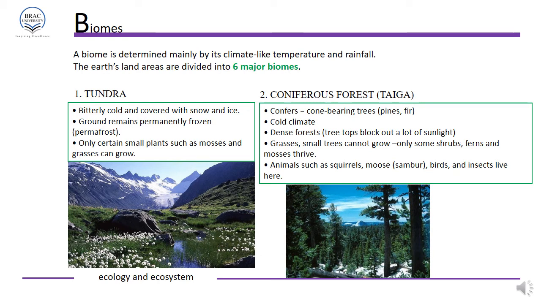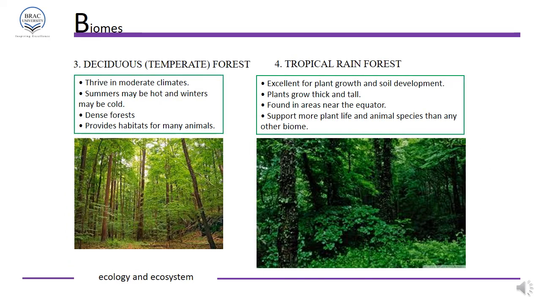The deciduous temperate forest is where in the summertime it can be hot, but in the wintertime it's cold. It's a dense forest, and different habitats for animals can be found there.